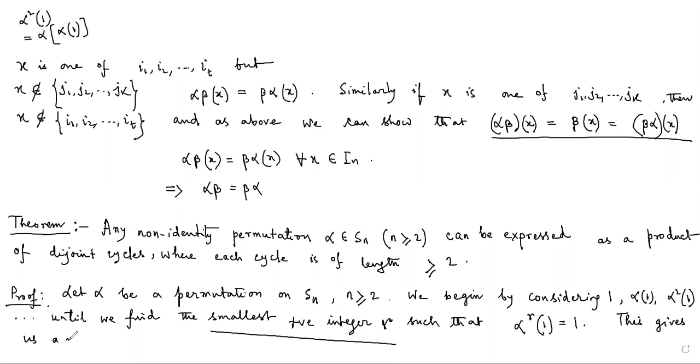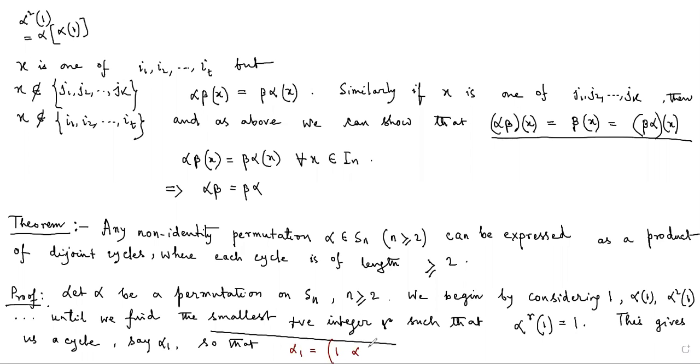This gives us a cycle, say alpha 1, so that alpha 1 is 1, alpha 1, sorry, I shouldn't put a comma over here.